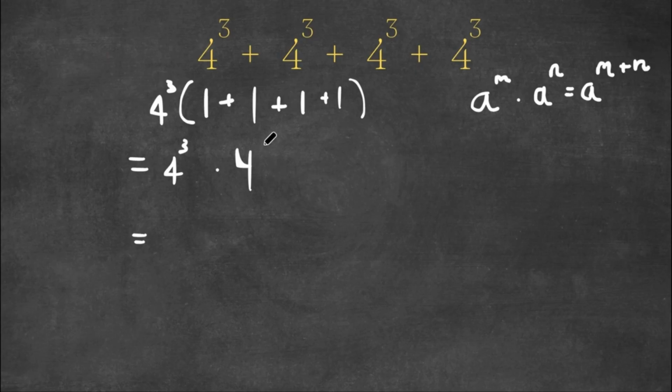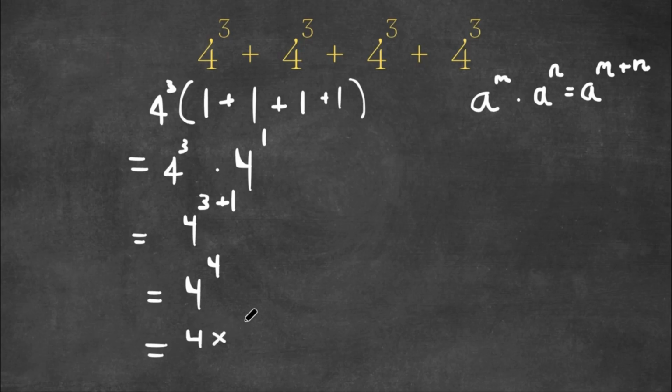So we can think of 4 as 4 to the power of 1. So 4 to the power of 3 times 4 to the power of 1, this would equal 4 to the power of 3 plus 1. And 3 plus 1 is 4, so this would equal 4 to the power of 4. Now 4 to the power of 4 is the same thing as 4 times 4 times 4 times 4.